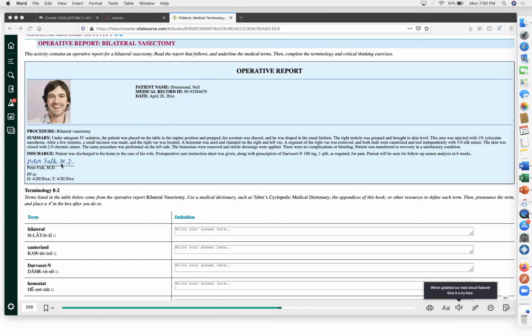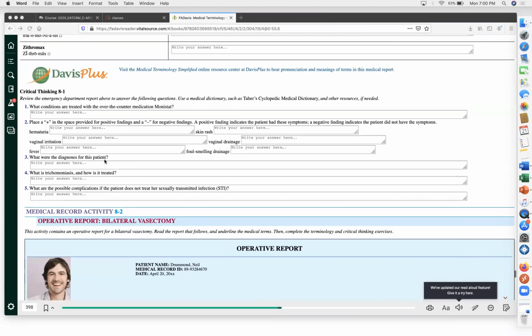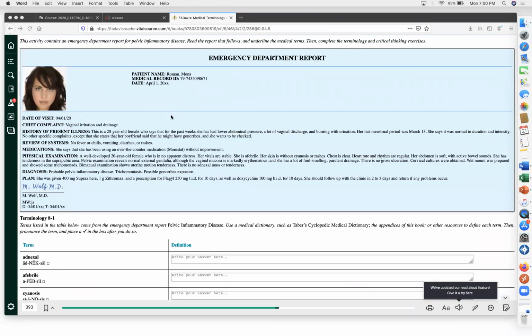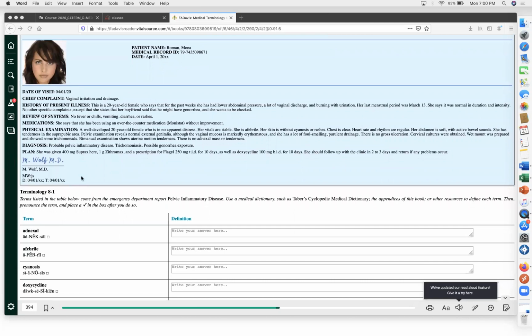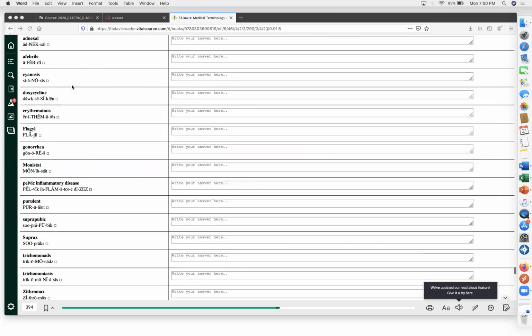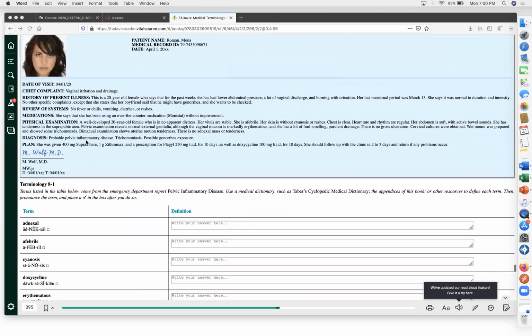I believe Peter Falk, isn't he an actor in the 70s? Oh, well. And then here you have in the emergency department a woman with vaginal irritation and discharge. That vaginal irritation, that's most likely pain. And there's a whole bunch of questions that you can easily do here. And again, lovely, lovely words here that you can do.